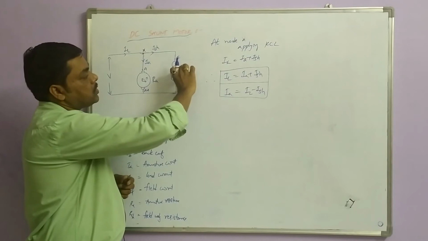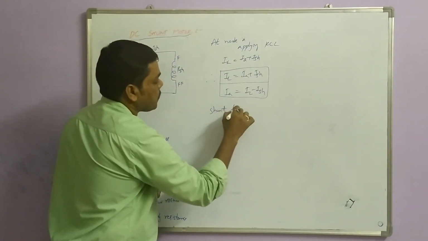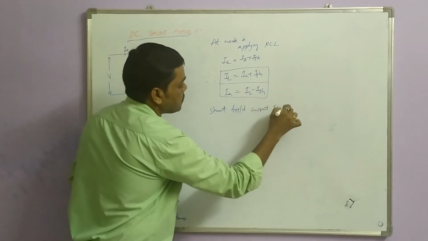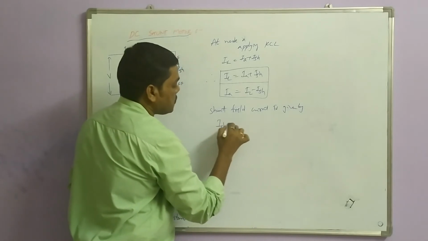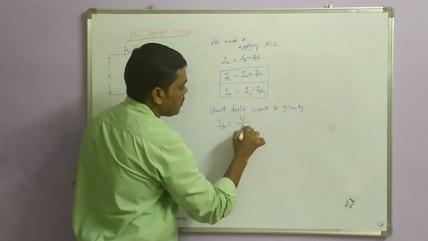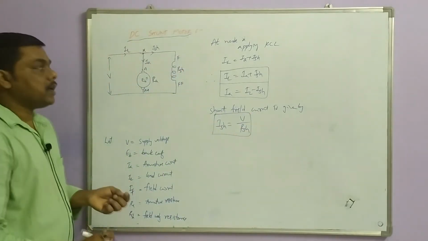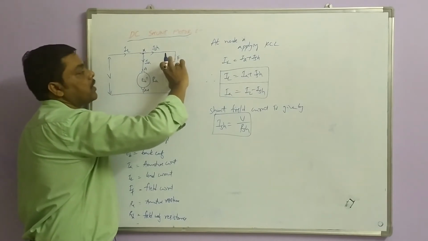Okay, now what is the shunt field current formula for this? The shunt field current is given by ISH is equal to V by RSH. Why are we writing like this? The same voltage is available across the shunt field winding.